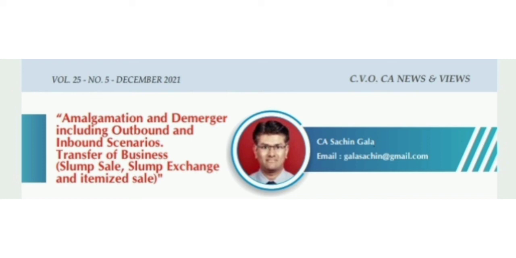Tax implications in the hands of shareholders: reduction of share capital by a company and pro rata distribution of cash or assets to the shareholders amount to transfer and are therefore taxable as capital gains. For determining the amount liable to capital gains tax, the full value of consideration is reduced by the amount which has been reckoned as dividend.